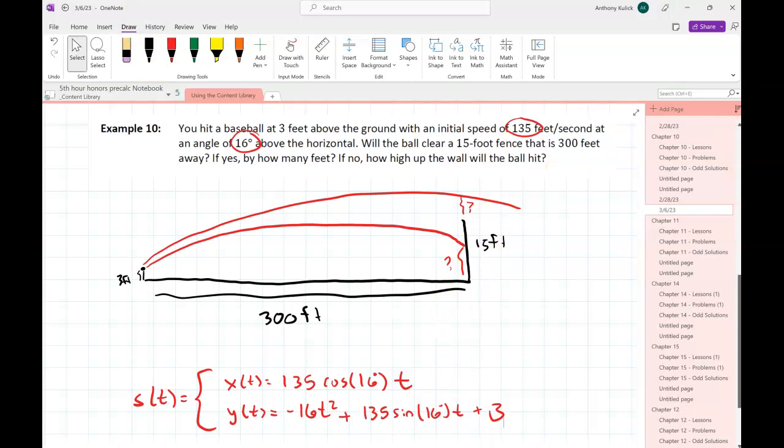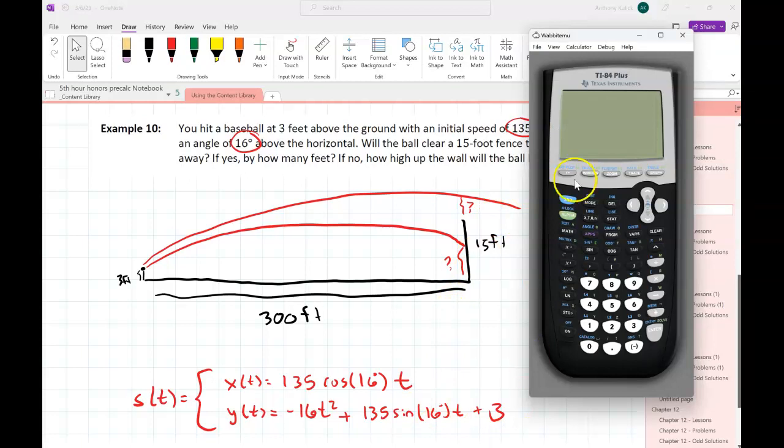So let's type this into our calculator and take a look at the picture. We'll start by doing that. So 135 cosine 16 times t.